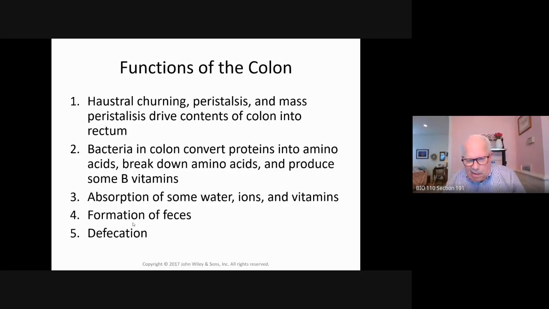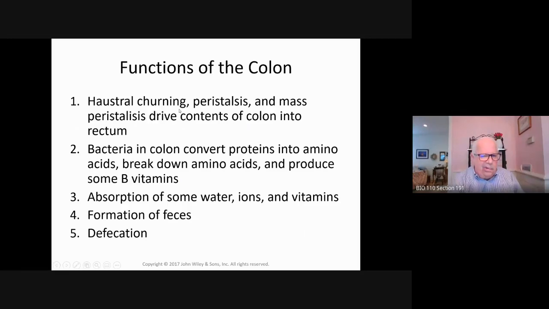In the colon, which is part of the large intestine, there are haustra. Haustra are localized regions of musculature that churn and move the food.